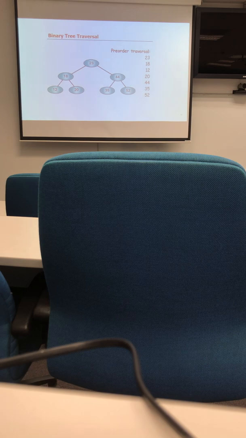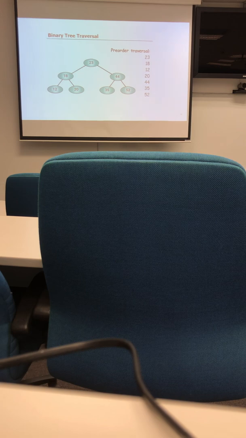When you come to the left subtree, again we visit the parent first, then after that, left subtree and right subtree. In this case, the left subtree is just one node, and the right subtree is just one node also. So straight away visit. This is the sequence that we visit.